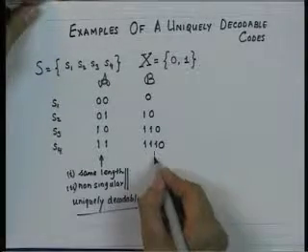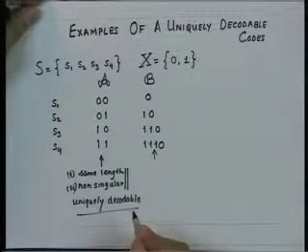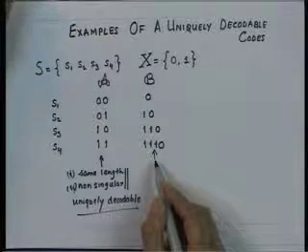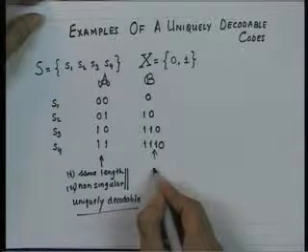Let us consider the code B. If we consider the code B, again it is non-singular.